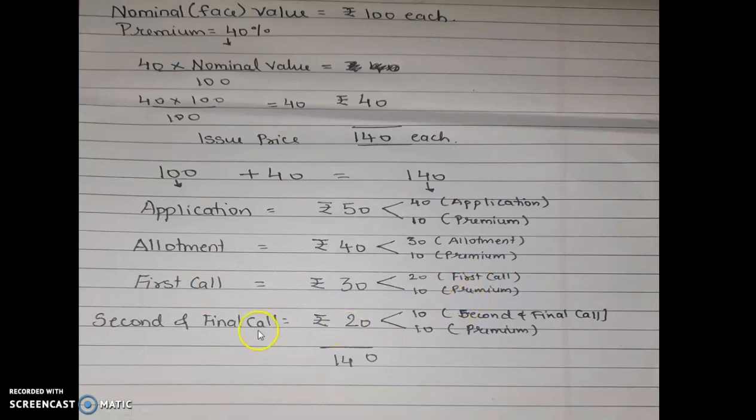And 20 rupees which you are going to collect at the second and final call is divided into 10 rupees of second and final call and 10 rupees of premium. So doing this, you will get that 140. This is the amount which you are going to collect from one shareholder.